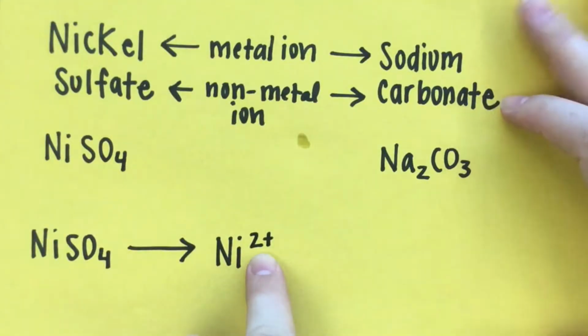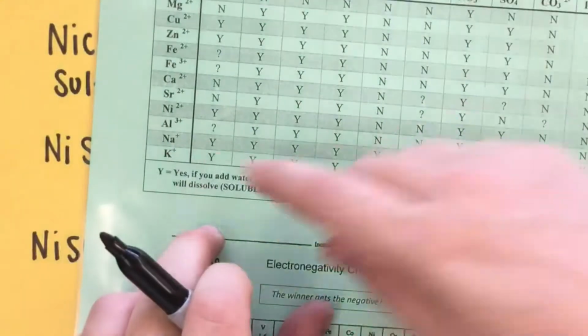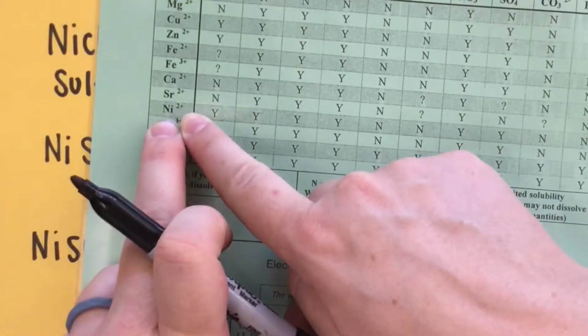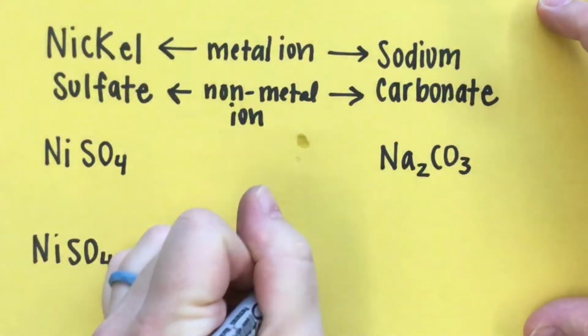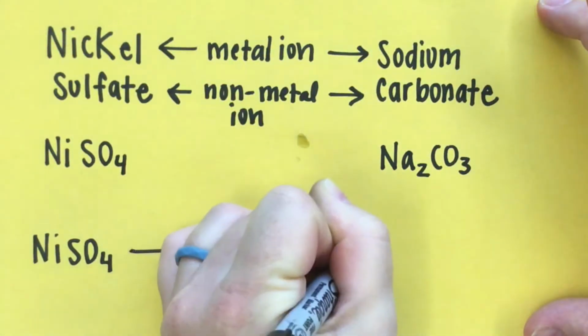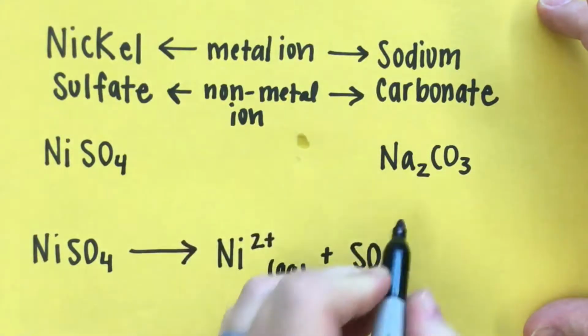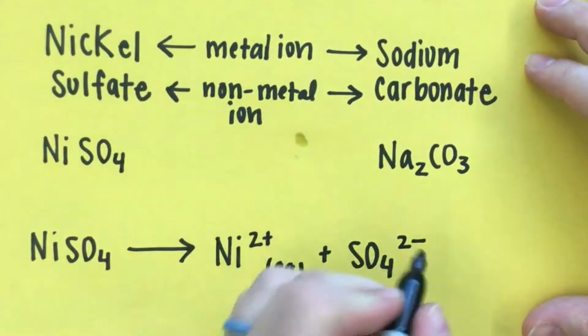Nickel has a 2+ charge, which is something we can find on our periodic table. Right here, nickel 2+. And sulfate will have a 2- charge. Again, that can be found on your periodic table.